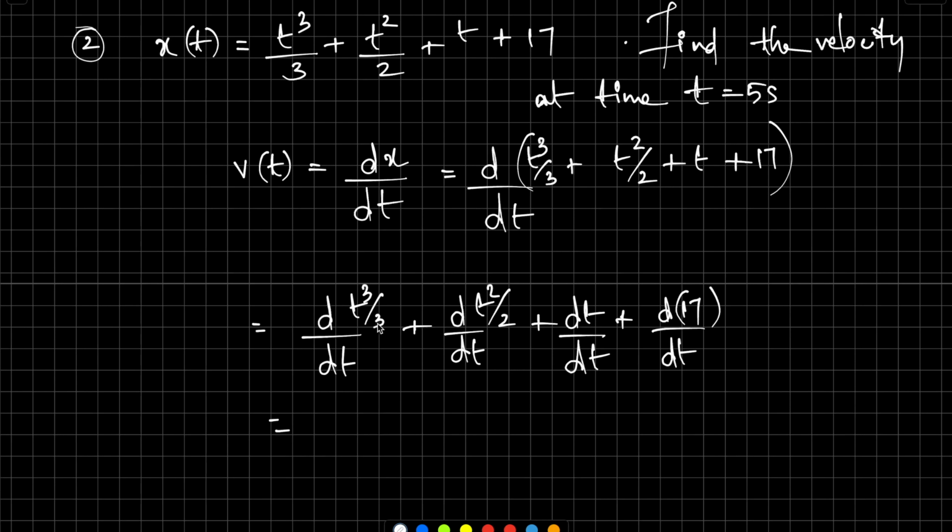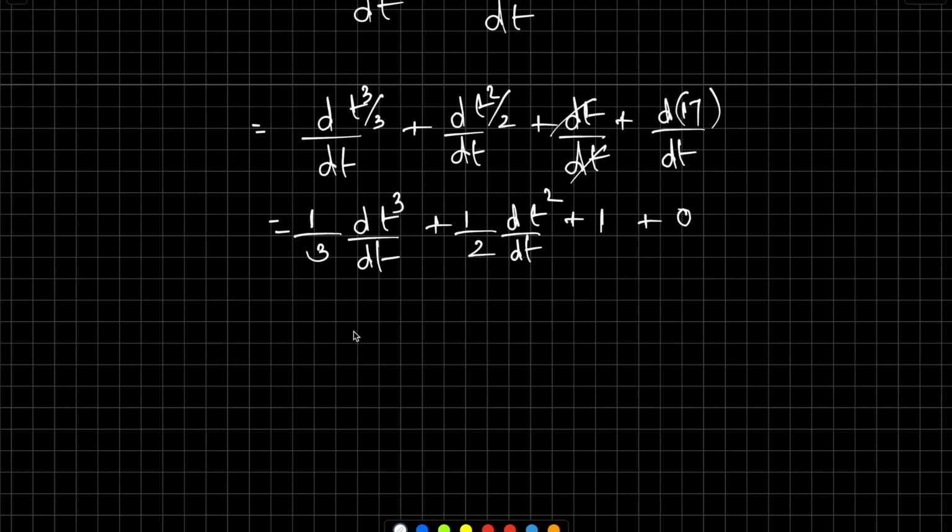Take the constants outside. 1 by 3 is the constant. 1 by 3 d by dt of t cube plus 1 by 2 d by dt of t square plus dt by dt, you can cancel it out, it's 1, plus d by dt of 17, 17 is a constant, so 0. 1 by 3 times 3t square plus 1 by 2 times 2t plus 1. 3 and 3 can be cancelled, 2 and 2 can be cancelled, so t square plus t plus 1.